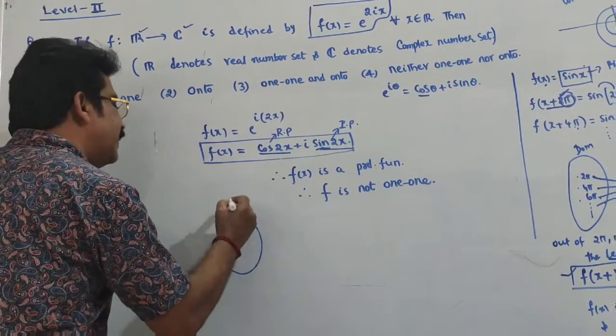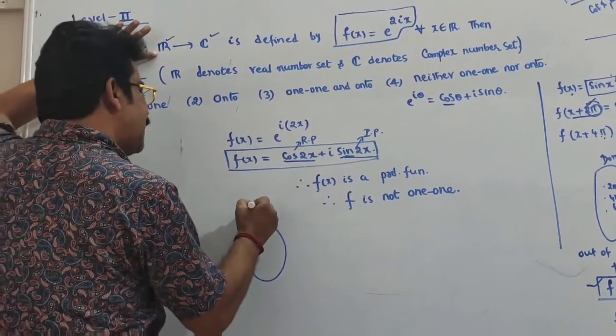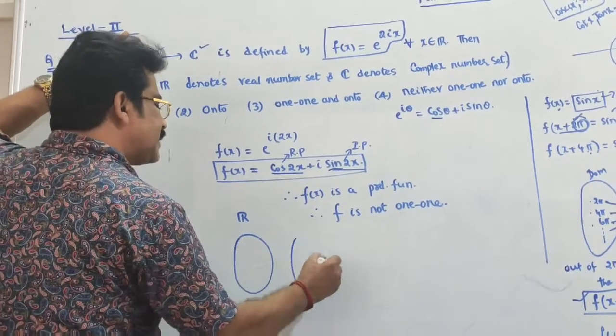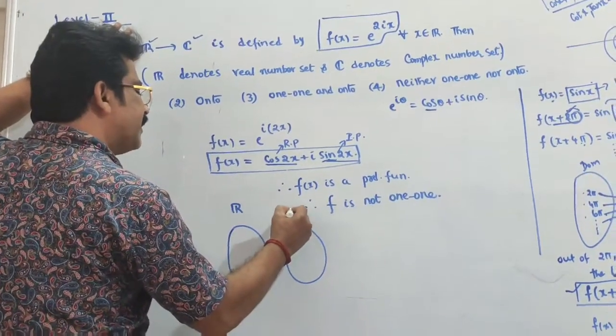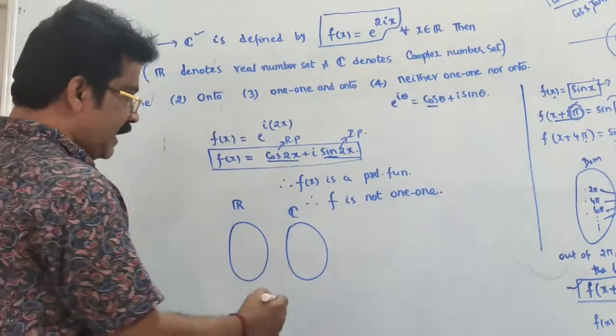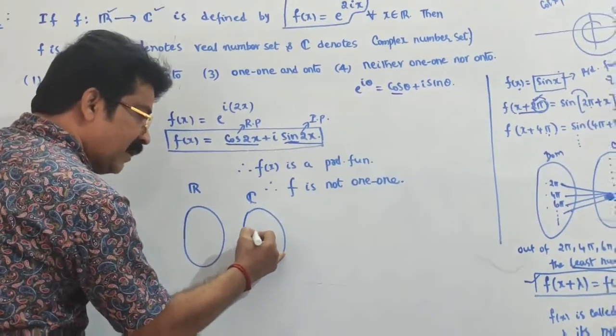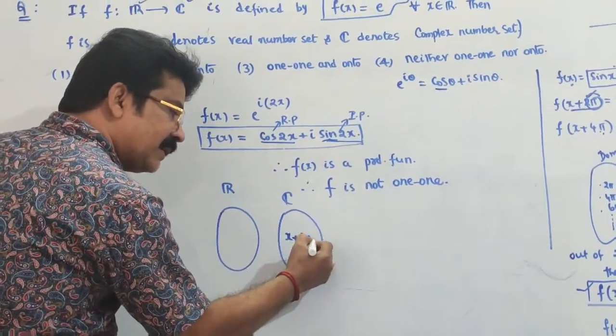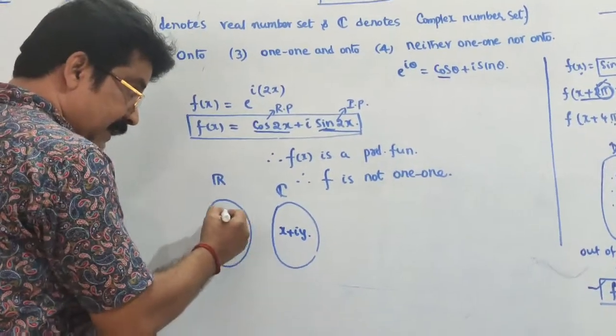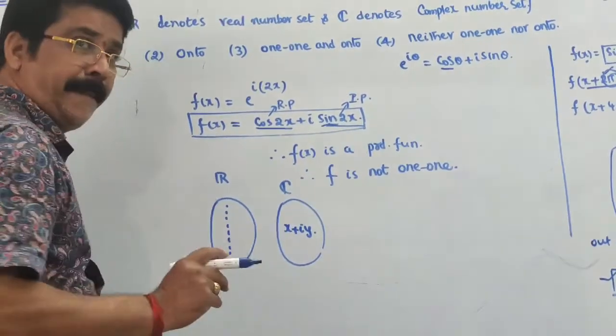This is the domain. Domain means what? Capital R. This is the codomain. Codomain means complex numbers. Here all the numbers are complex numbers, and here all the numbers are real numbers.